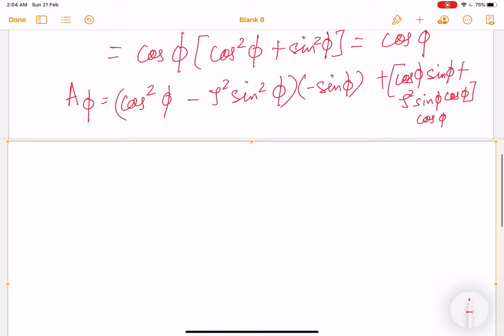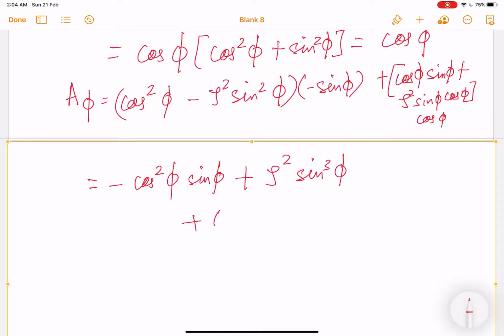Let me simplify it; maybe this also gets simplified like the previous one. Sin phi plus rho square sin cube phi plus, multiplying, cos square phi sin phi plus rho square sin phi cos square phi.